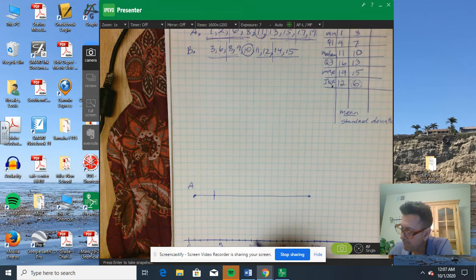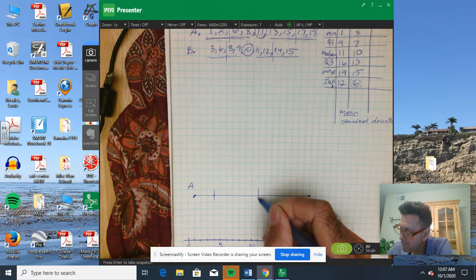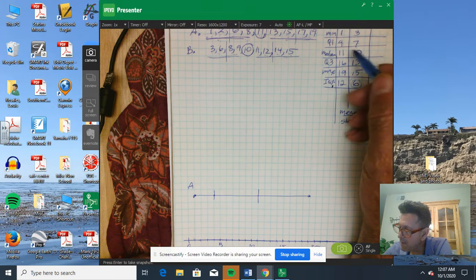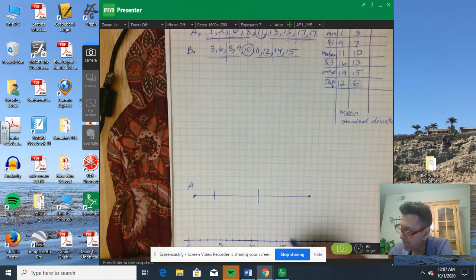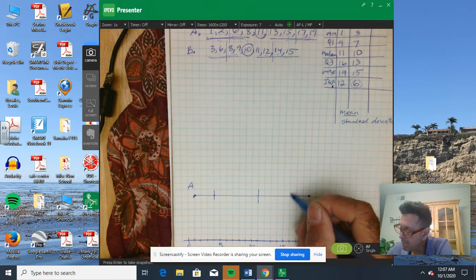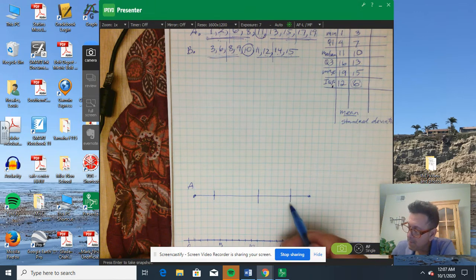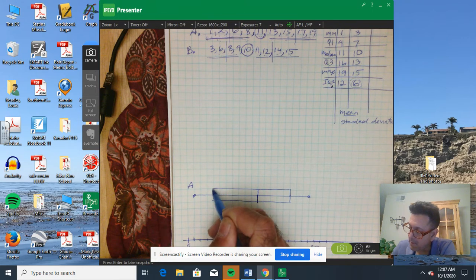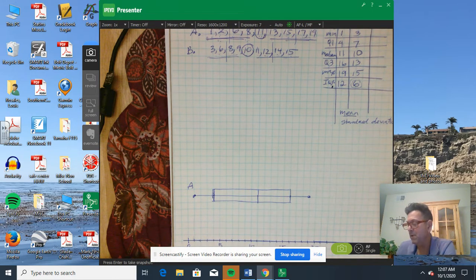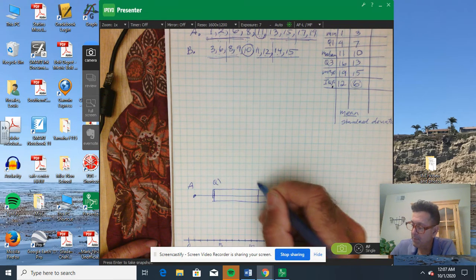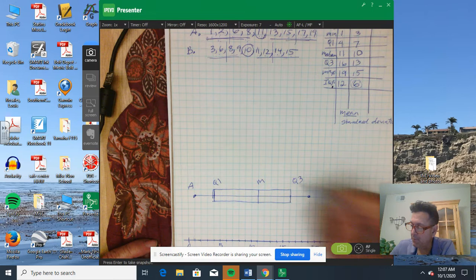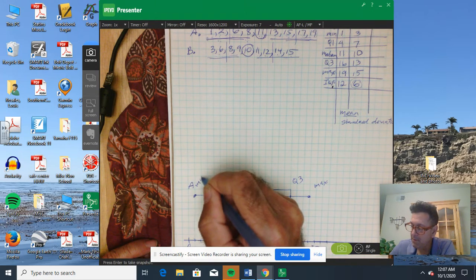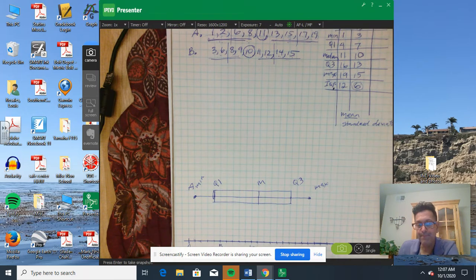Median is at 11. And third quartile is at 16. I can connect those and make my box and whisker plot. So that's Q1, median, Q3, with a maximum here and minimum here.